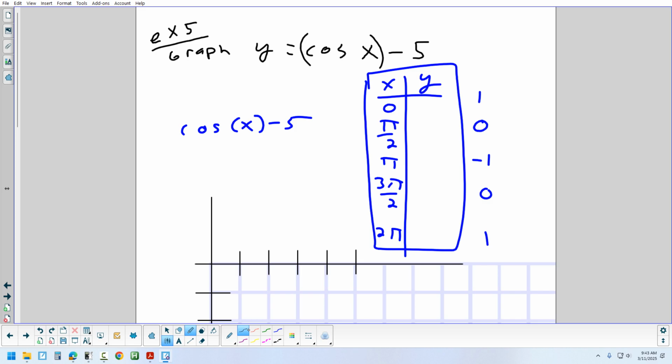Yep, subtract 5. So when I subtract 5 from all of them, what will I get? -4, -5, -6, -5, -4. Yeah, perfect. Any questions on the table for that one?